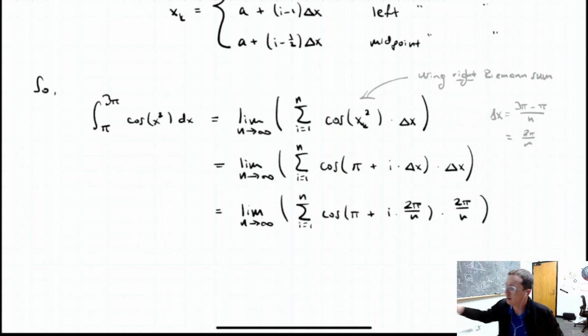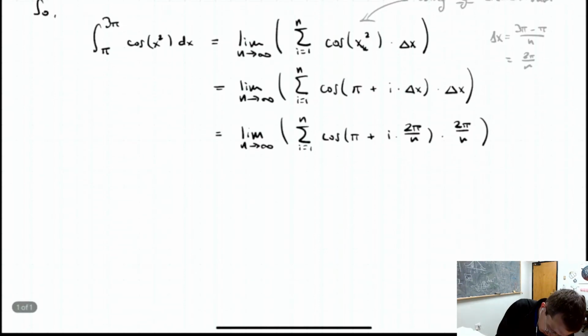In order to do that, I'm going to write down a definite integral, and then I'm going to write it as a limit of Riemann sums, and I'll see if we can convert it back. Okay, so here's my example.